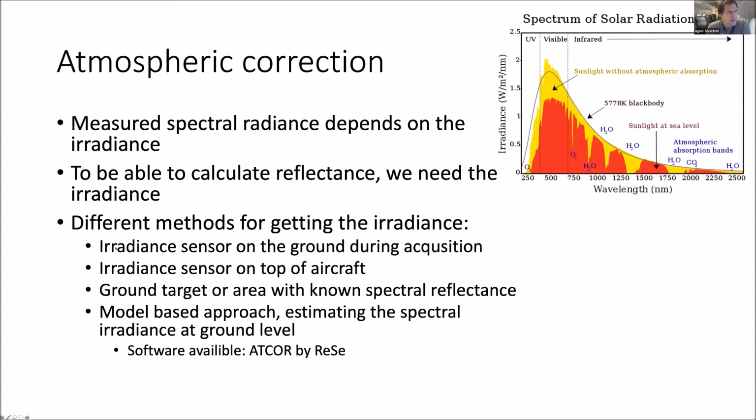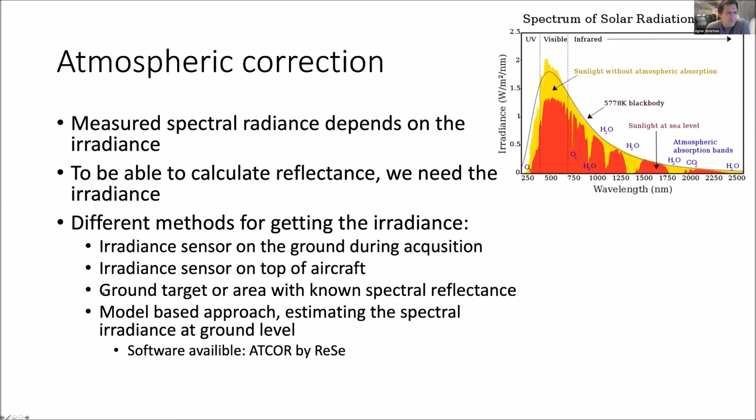One simple one is to have an irradiance sensor on the ground collecting the light hitting the ground. This is a spectrometer with something called a cosine collector, collecting the light from all angles, giving you a spectrum. We can also have an irradiance sensor on top of the aircraft or a drone, collecting the incoming light and using that as the irradiance on the ground too.